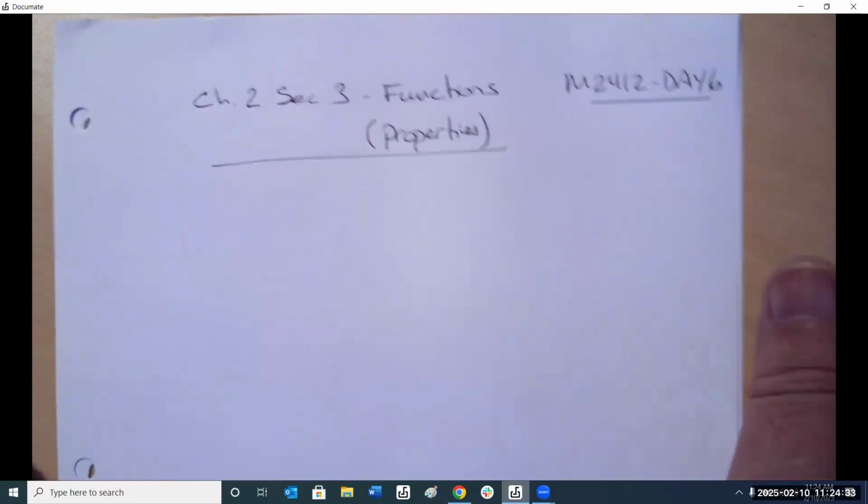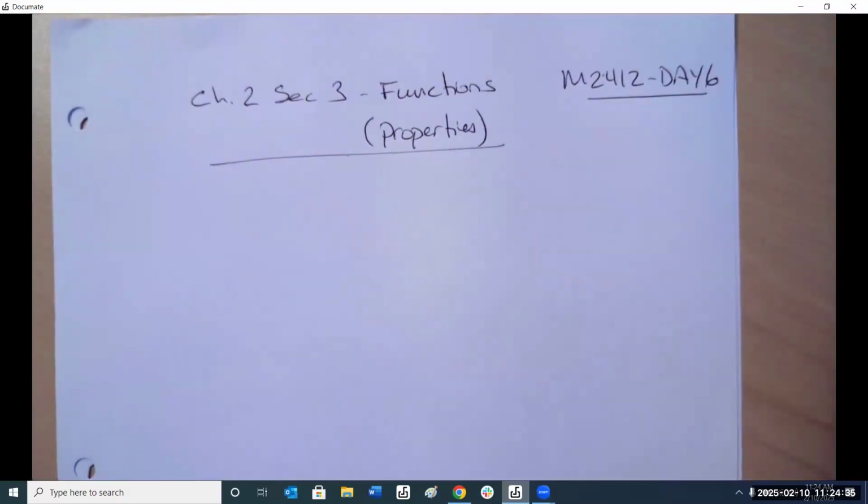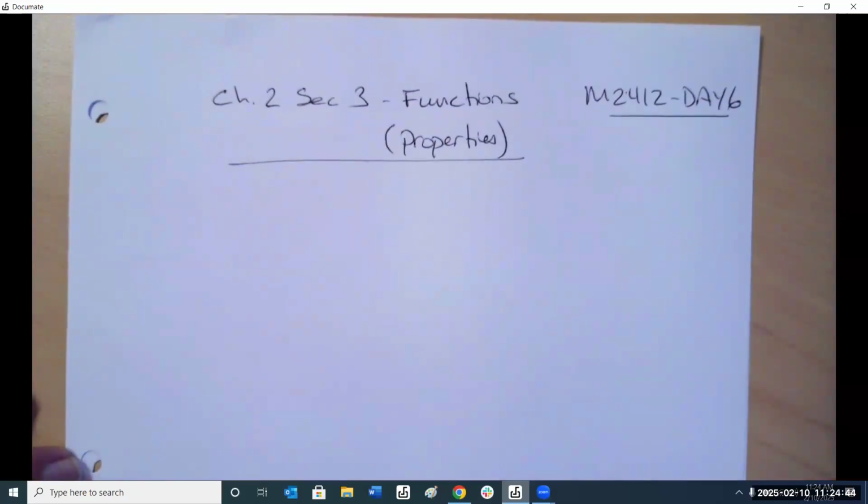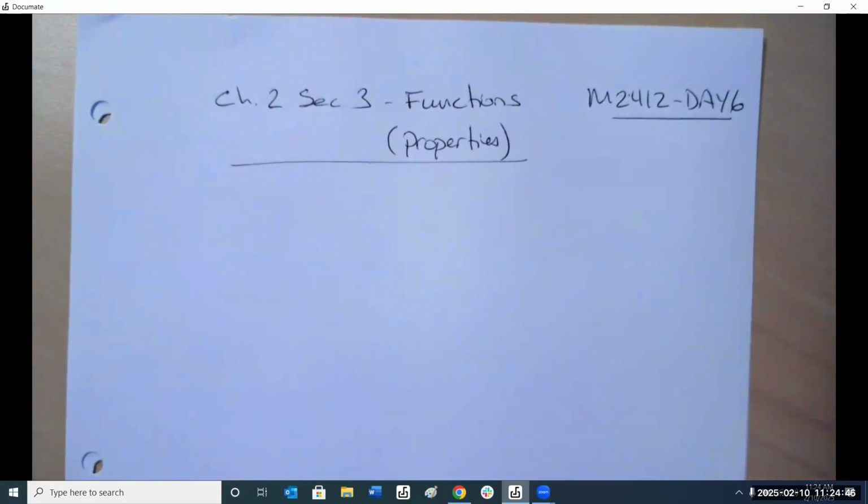It has a one-to-one correspondence, meaning it passes the vertical line test, which means no two x's can have different y values. What else does it tell us?